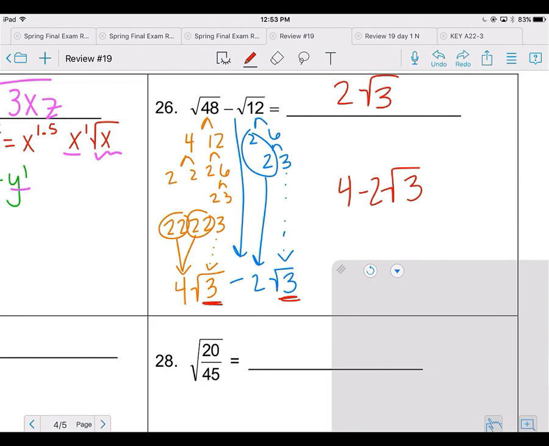Please notice again that I did not do the minus until the very end. I took 48, broke it up, simplified. I took 12, simplified. Then I looked at how many square roots of each type I have, and I do what the numbers in front say.